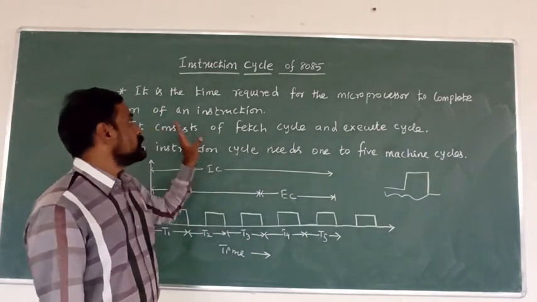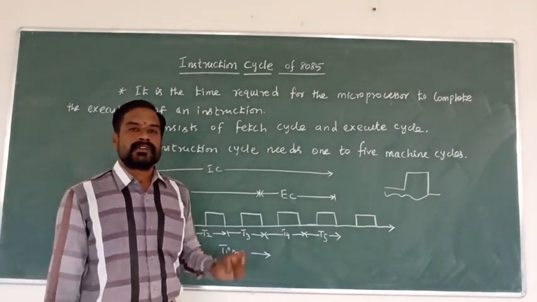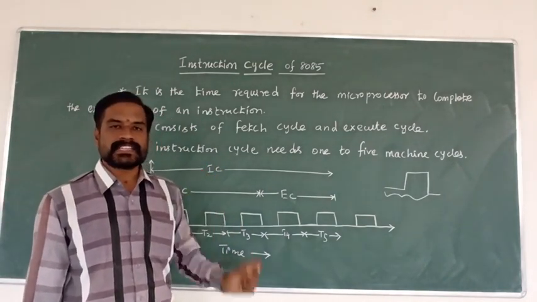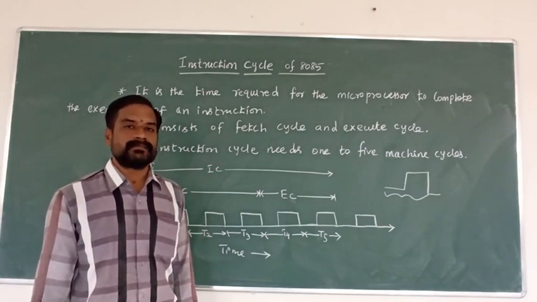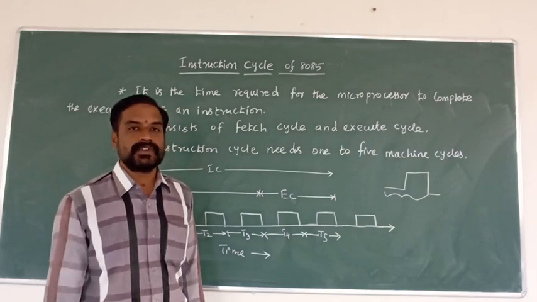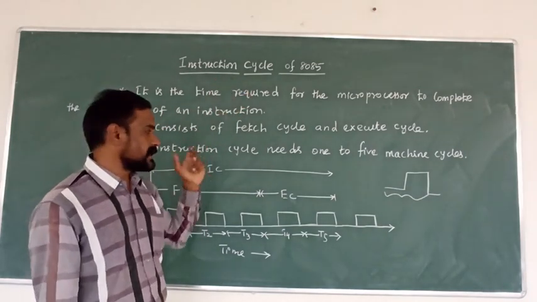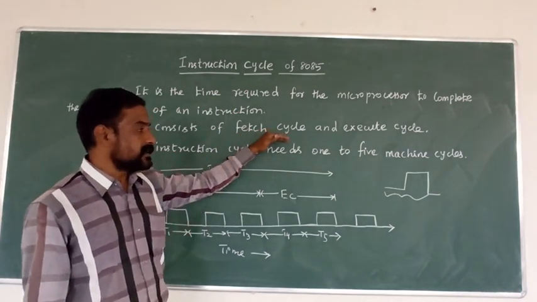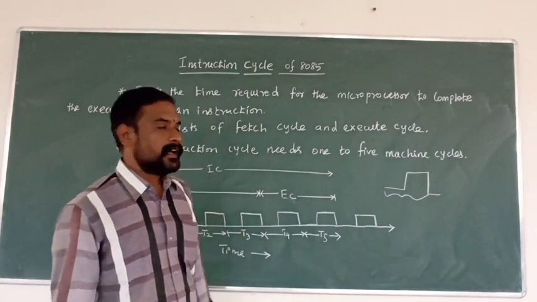Okay, the definition of instruction cycle: how much time is required to execute one instruction. That is called instruction cycle. It consists of two: one is the fetch cycle and the second one is the execute cycle.